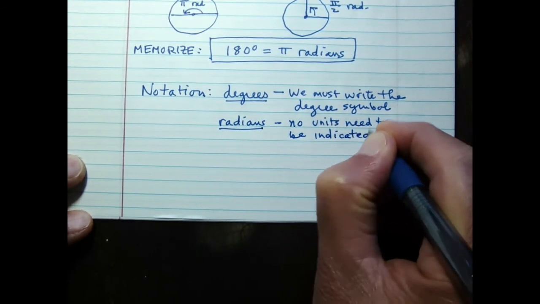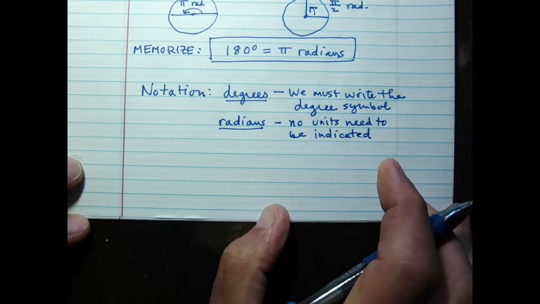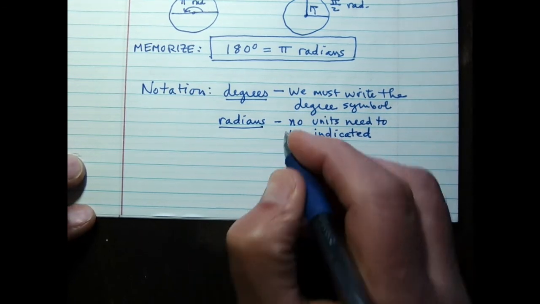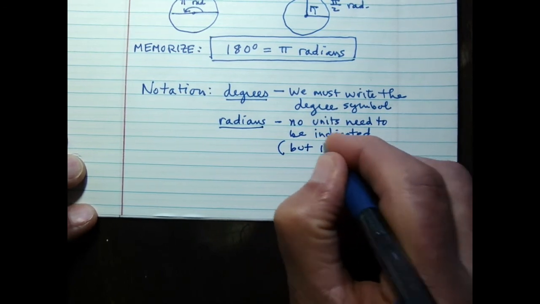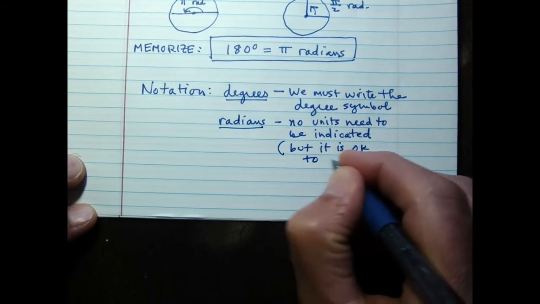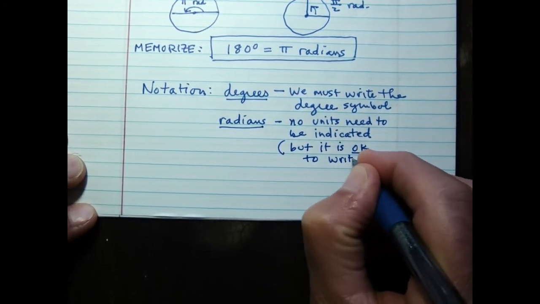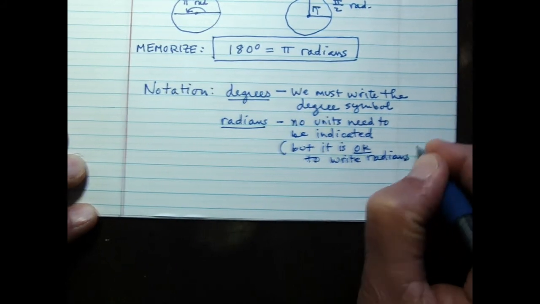Technically, radians do not have units, and you may have heard of this type of thing in a science class. But in parentheses, it is okay to write the word radians. It's never wrong to do that in my book.